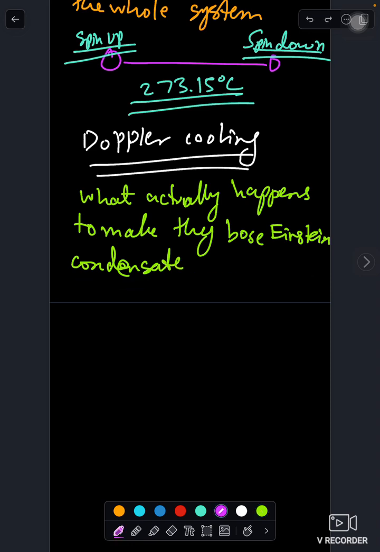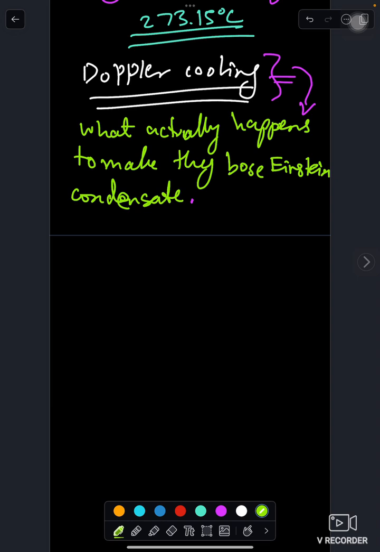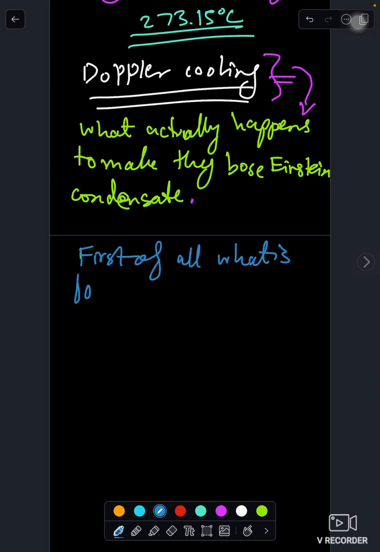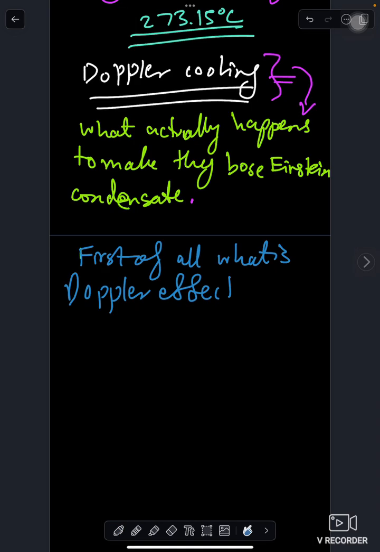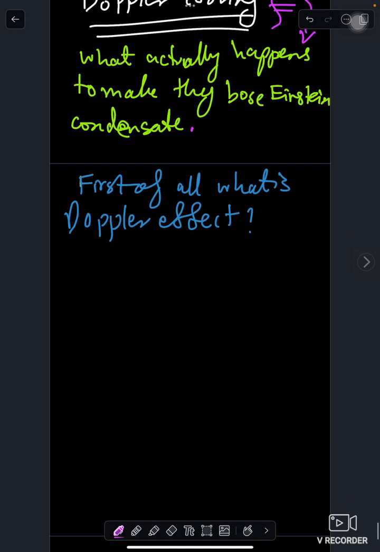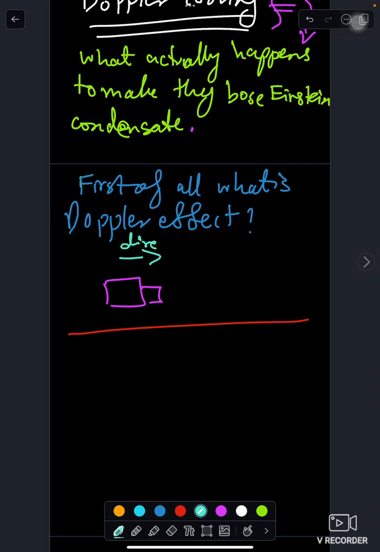Here we'll talk about the Doppler effect. Doppler cooling, Doppler effect. First of all, what is the Doppler effect? When an ambulance is traveling in this direction and it has a siren, what will that siren do?